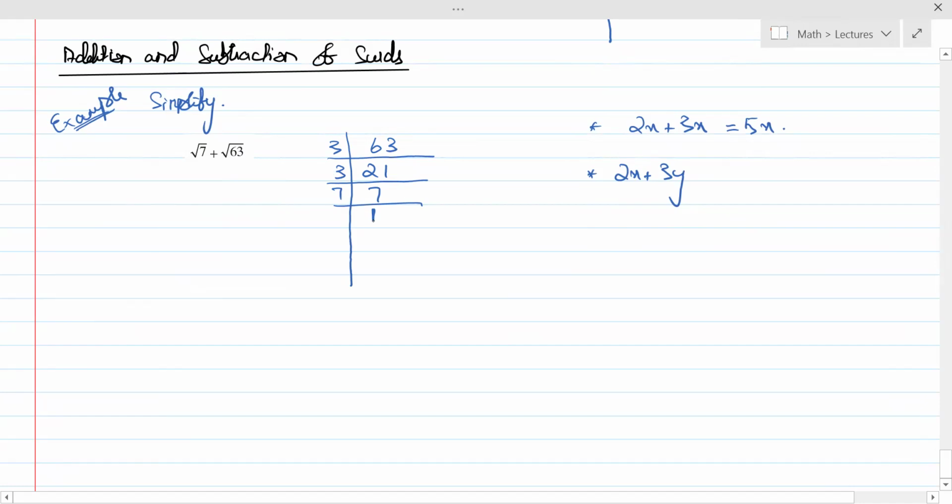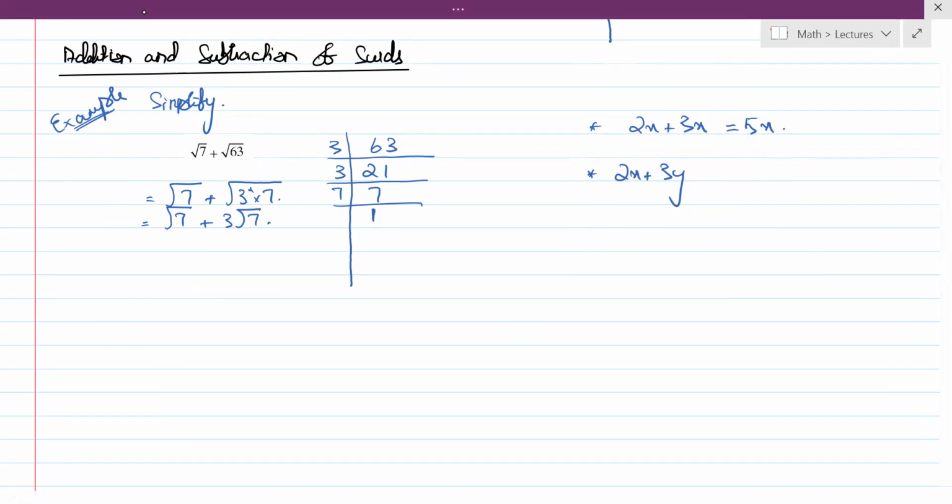So 7 1s are 7. So this root 63, 7 remains as it is, and this root 63 can be written as 3 square into 7. Now 3 having the square, as discussed earlier, will go outside the root, giving us 3 root 7.